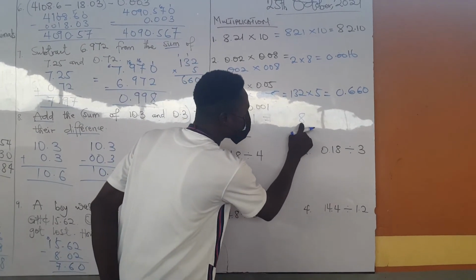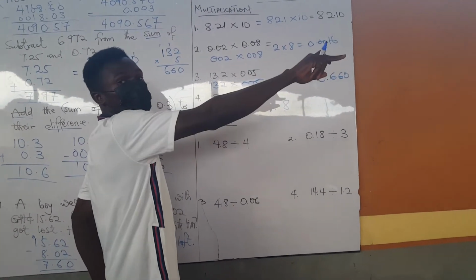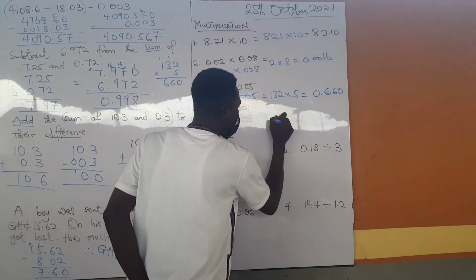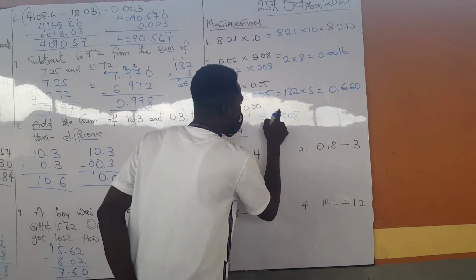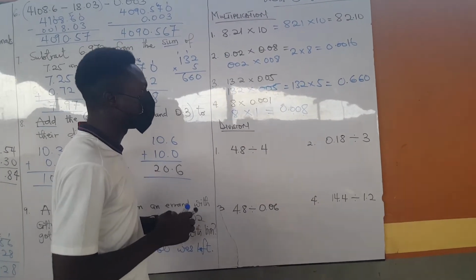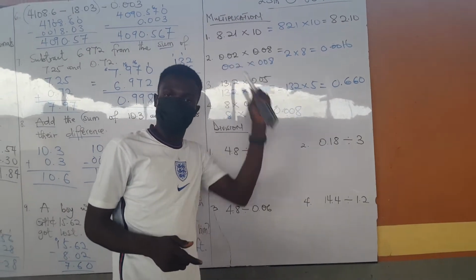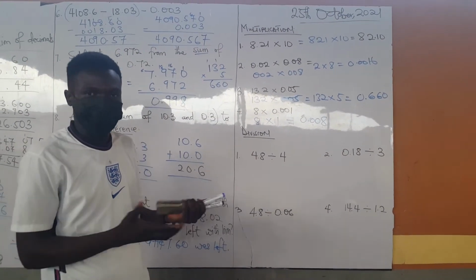So you have to make sure that after the decimal point in the answer there should be 3 numbers. So 0.0. So the multiplication is going to give us 0.008. So that is it for multiplication.